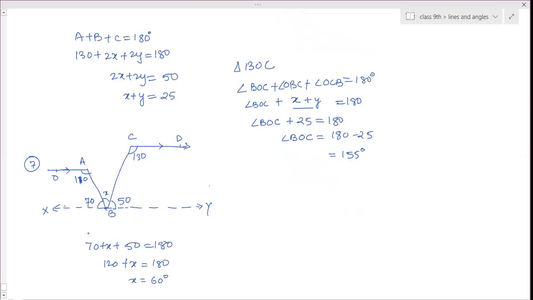Any other doubts? Ma'am, the eighth one. Two angles are complements of each other. Then each angle is. Two angles are complement means the sum of those two angles is 90. That means those two angles are always lesser than 90, and it will be acute angle.